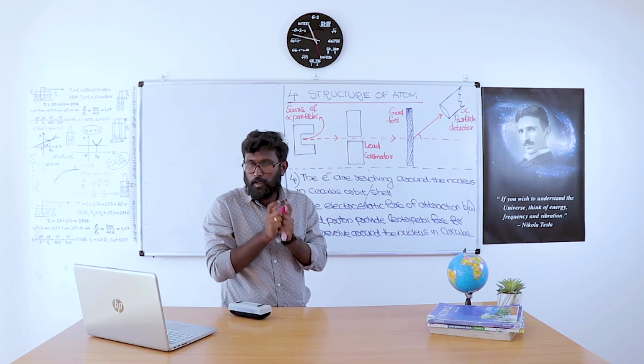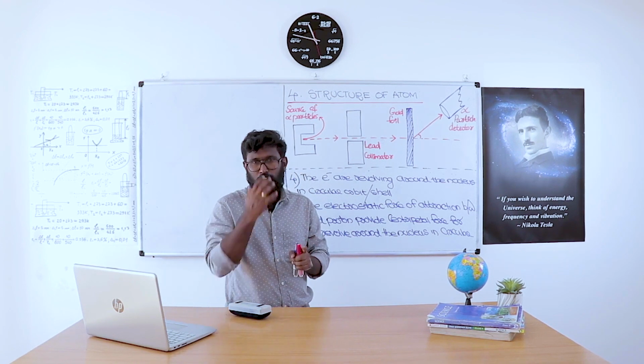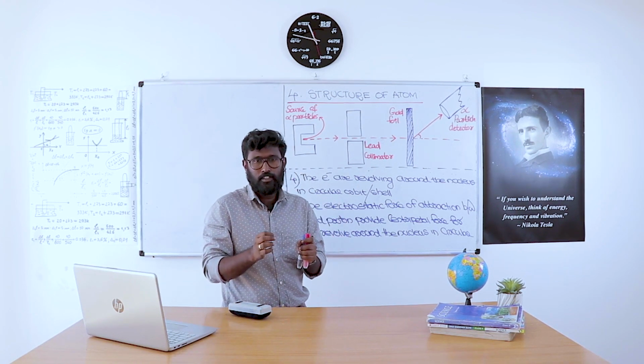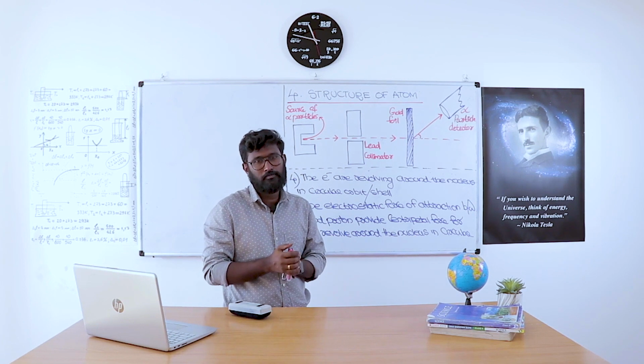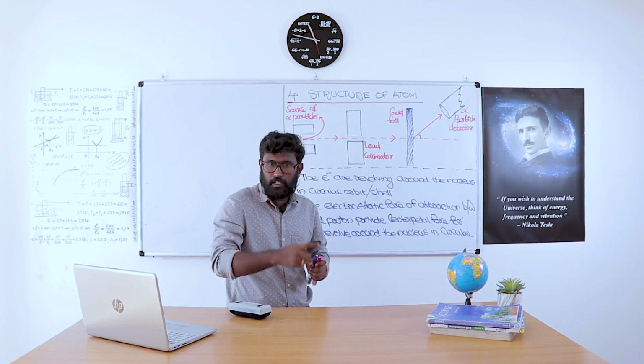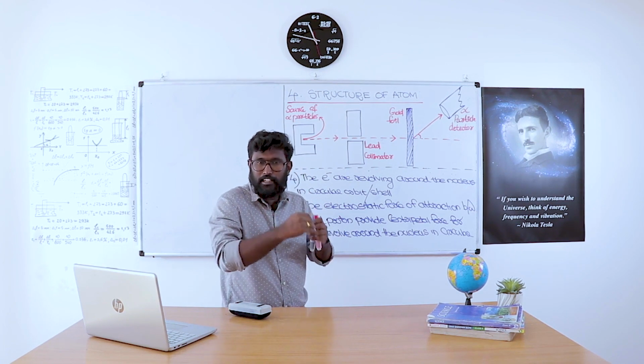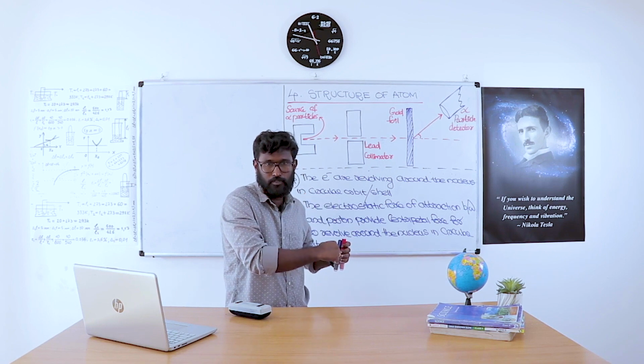But the problem is that when a charged particle is continuously rotating or revolving or moving, there is a chance of radiation. That means if the electrons are continuously revolving around the nucleus in circular orbit, electrons emit radiation and there is a drop of energy.